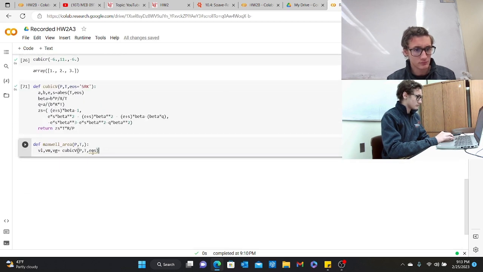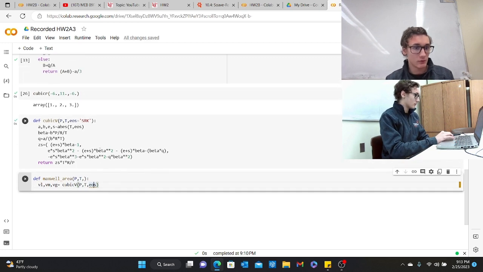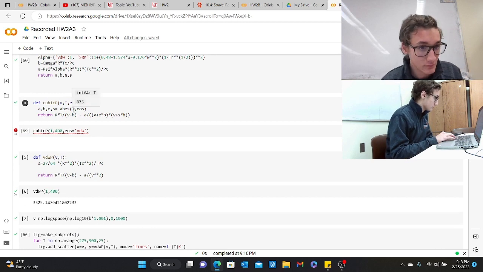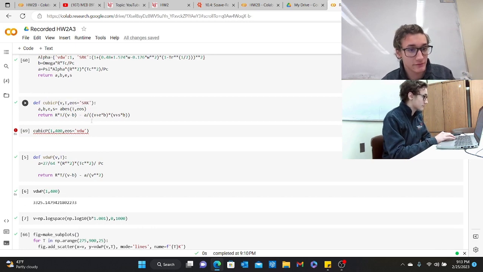However, this says EOS is not defined. Why would that be? Well, let's just keep looking real quick. It's because we're using the function.